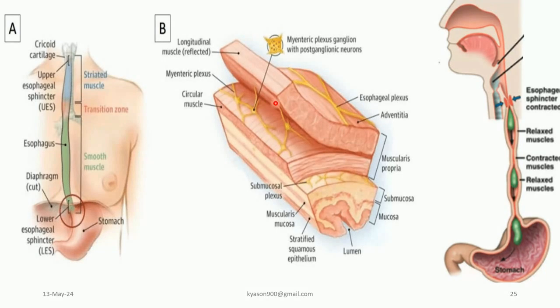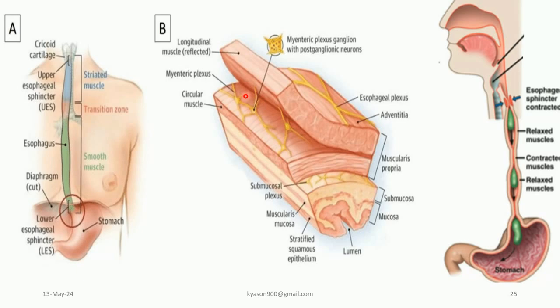So those are the special nerve fibers. You can also call them intrinsic nerve fibers because they are within the wall of the esophagus.